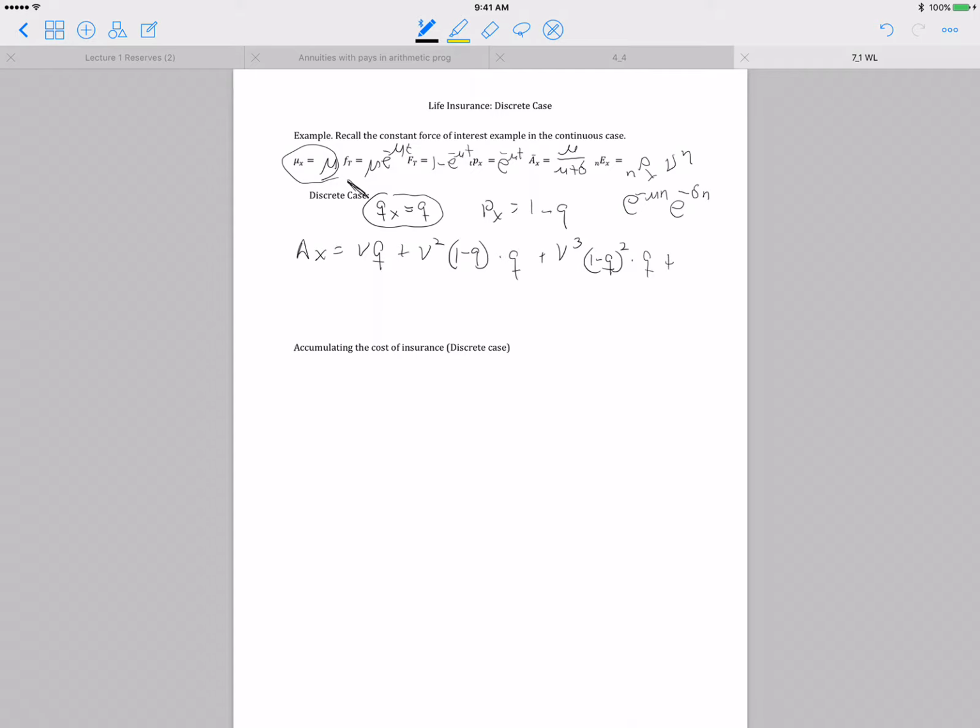And I would just continue this. And then you can factor a vq out of each term here. And we have a geometric sum with common ratio v times 1 minus q. So I have vq times 1 over 1 minus the common ratio.